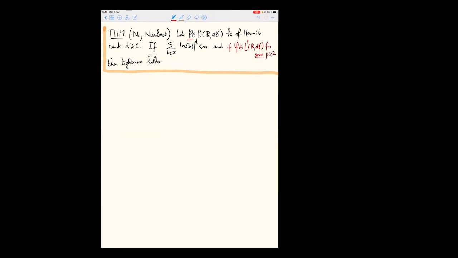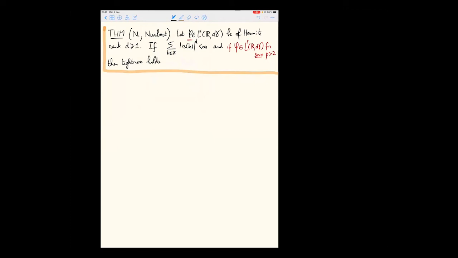So it's very close to nothing somehow. It's almost like an empty further assumption. We must have that phi is in L^p for some p strictly bigger than 2, which is something in general very easy to check.